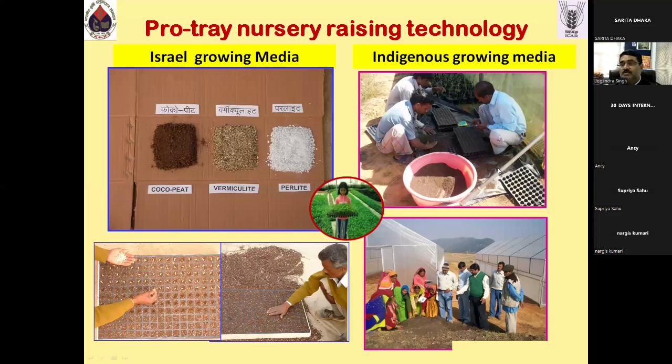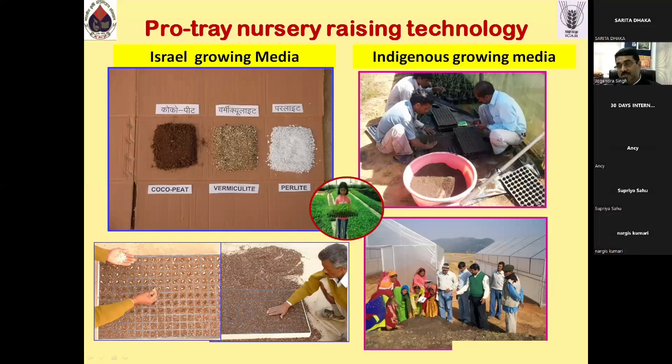So we can grow the nursery, whether a small farmer or a bigger farmer, not as a commercial one. Slowly we can earn money, then start the high-tech nursery. So this is the startup. Because high-tech nursery media and soilless media cost more than 5,000 rupees per quintal, not everybody can purchase, and because of that availability is very poor in every place.